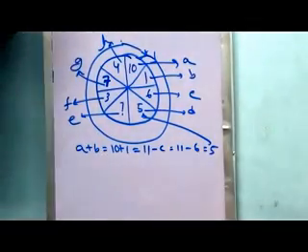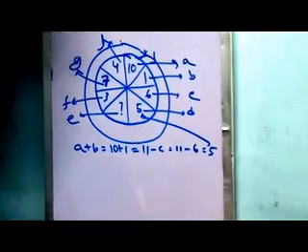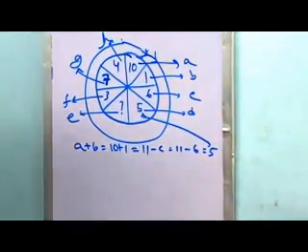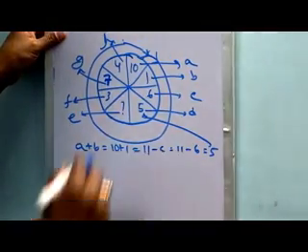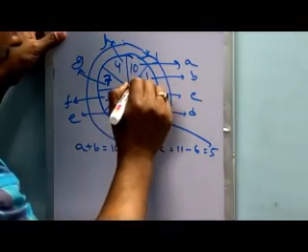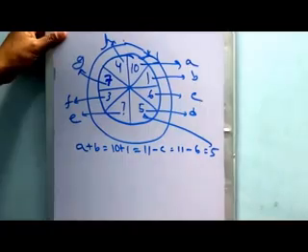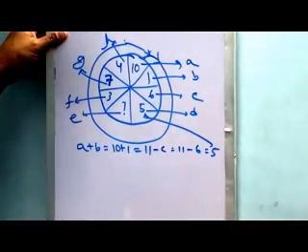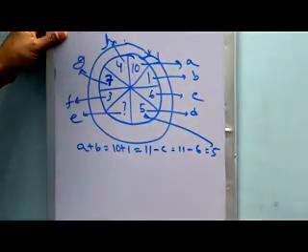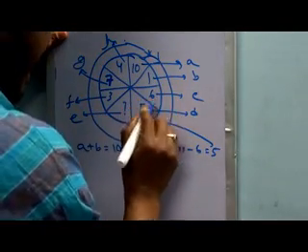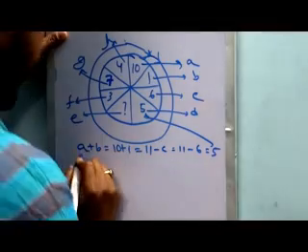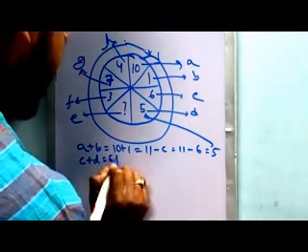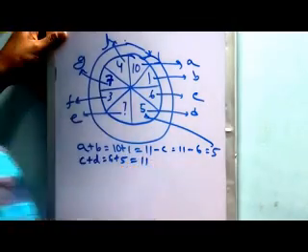Got the logic? Similarly, we need to take the next 3 consecutive numbers, that is C, D, E. In case of C plus D, what do we get? 6 plus 5 equal to 11.